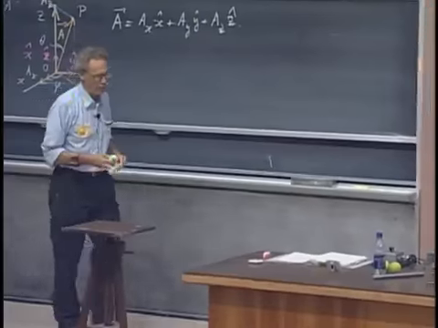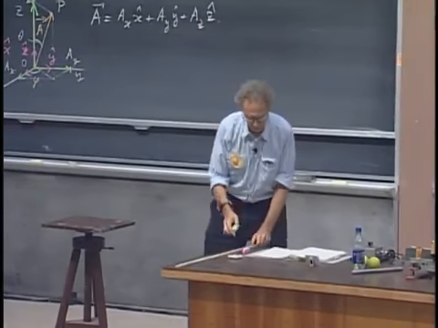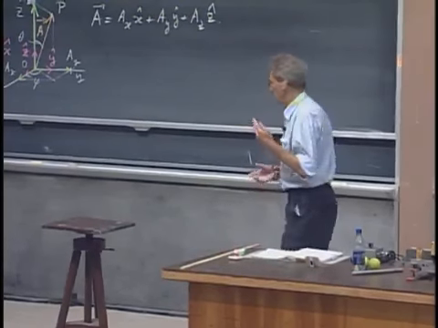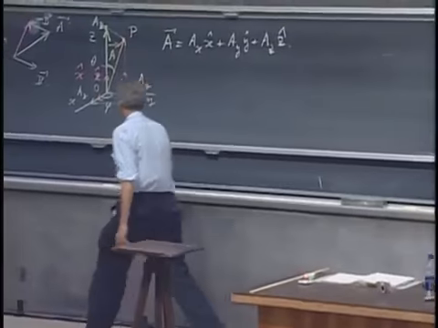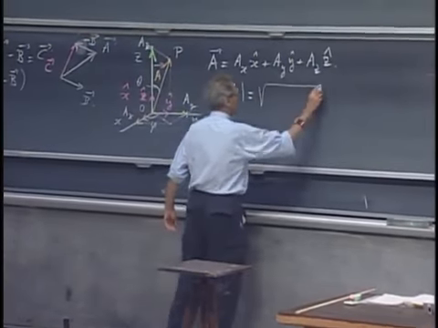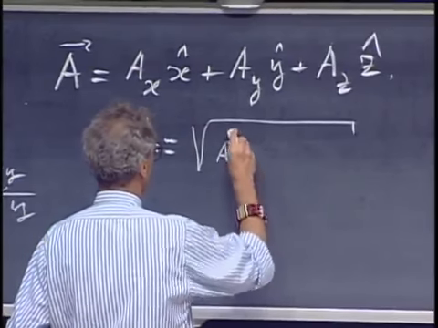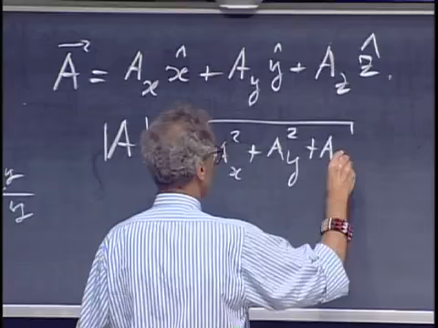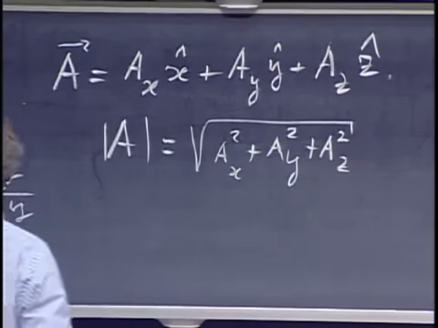So we have decomposed one vector into three directions. And we will see that very often this is of great use in 801. The magnitude of the vector is the square root of A of x squared plus A of y squared plus A of z squared.